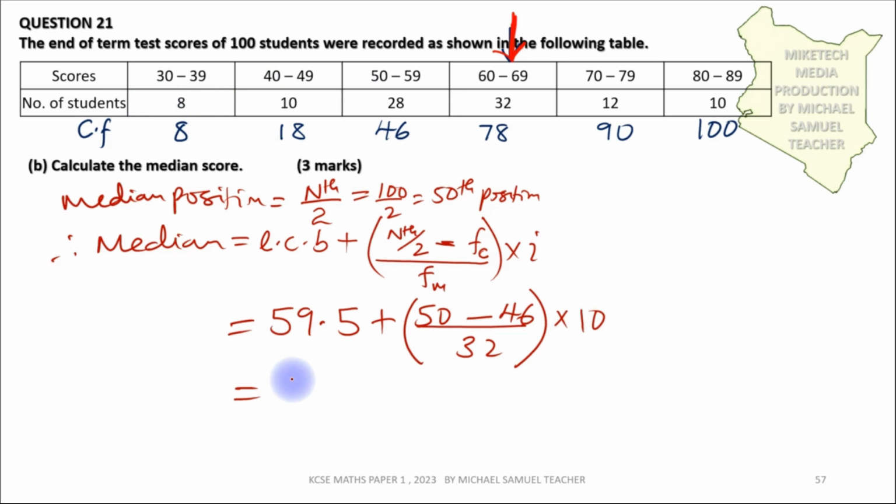So this will be 59.5 plus 50 minus 46, that is 4 over 32 times 10. So we end up getting 60.75. So that is the median score.